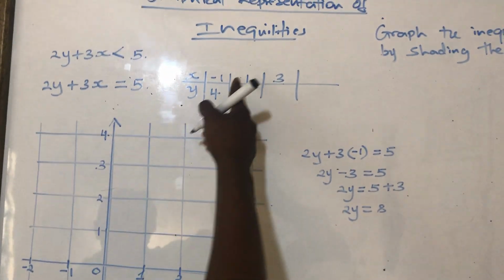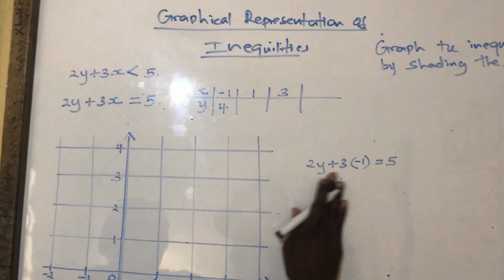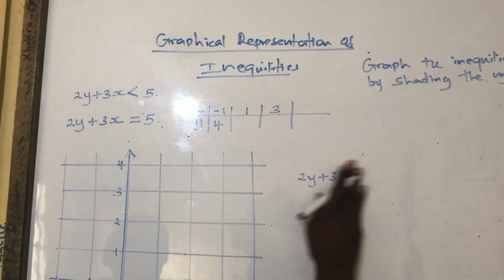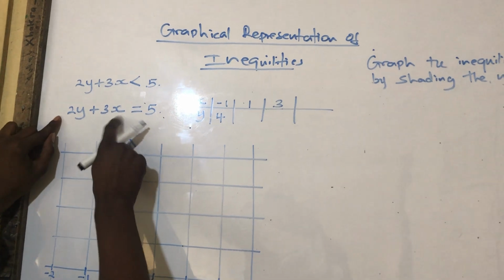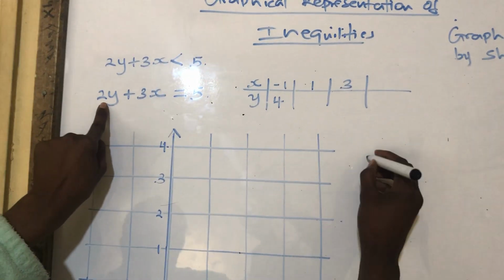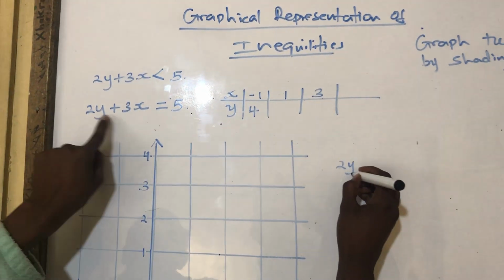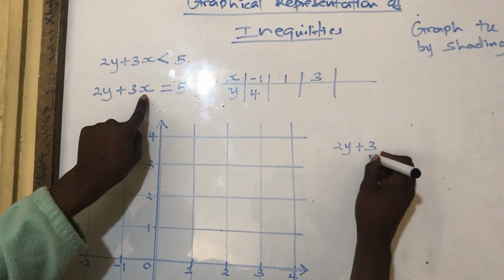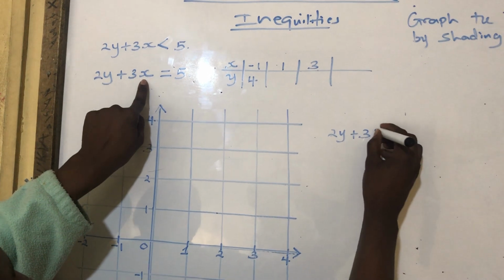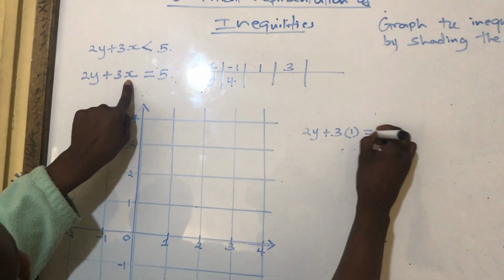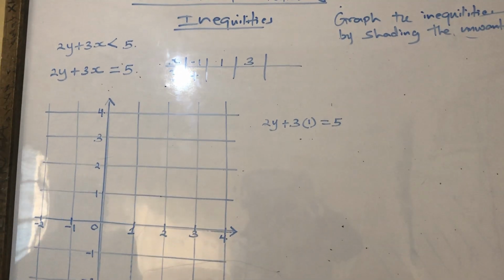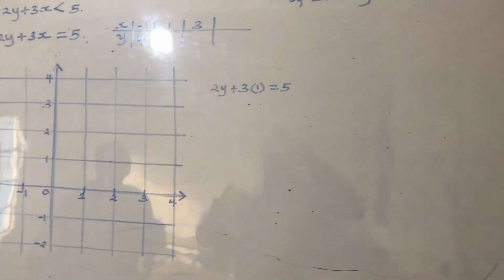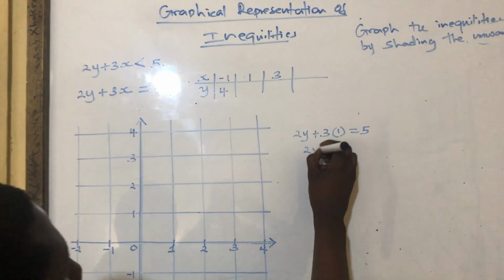Bringing us to the next number, 1. I want us again to substitute 1 in the place of x. So I'll have 2y plus 3 times 1 is equal to 5. 3 times 1 should give us 3.